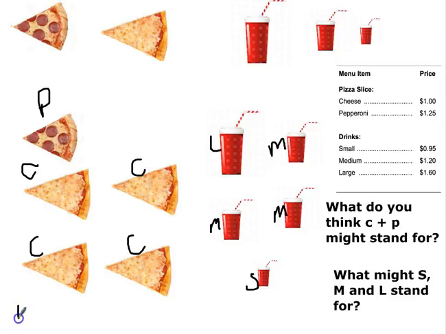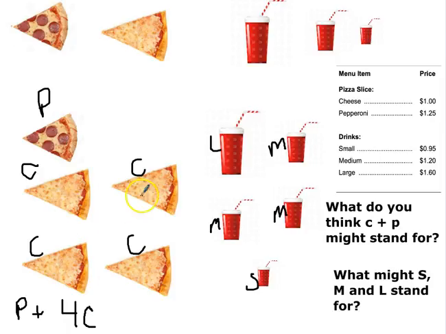So now I've got one pepperoni, and there's 1, 2, 3, 4 cheese pizzas. So I can put 4C. This is the variable. This is how many you have.